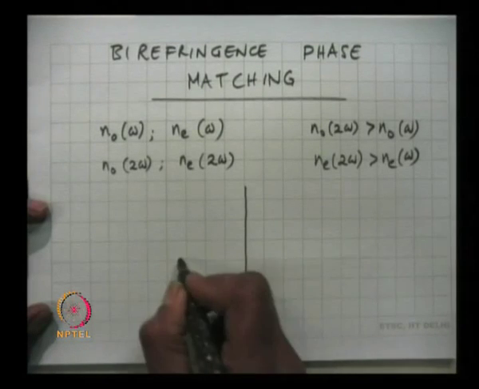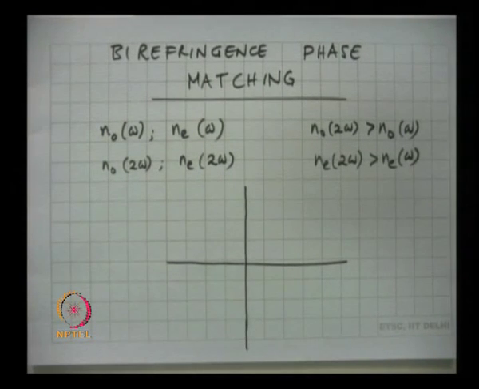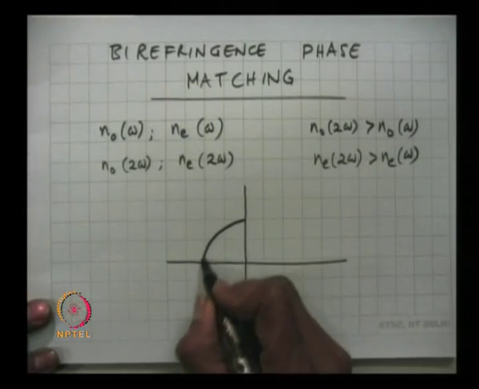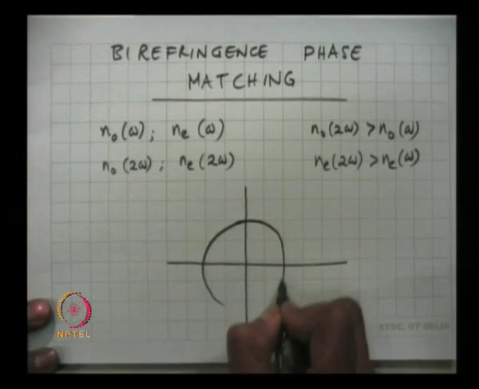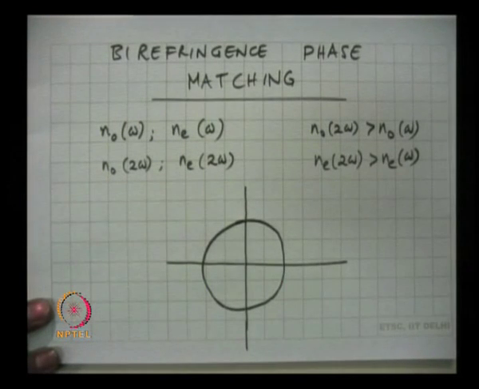So let me try to draw a figure, the index surfaces which I introduced in an earlier class. So let us draw the index surfaces. I first draw the index surfaces corresponding to frequency omega. So I have the ordinary index surface corresponding to the ordinary wave and the extraordinary refractive index surface.